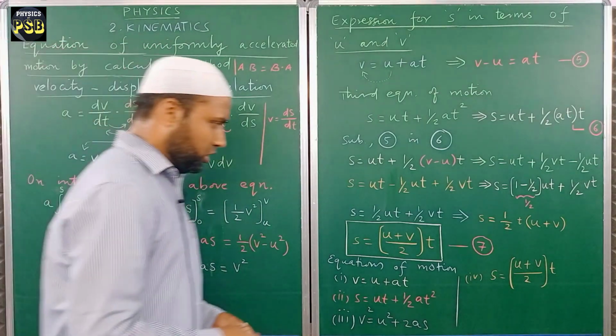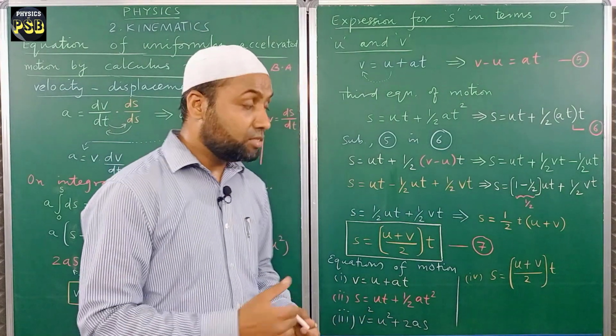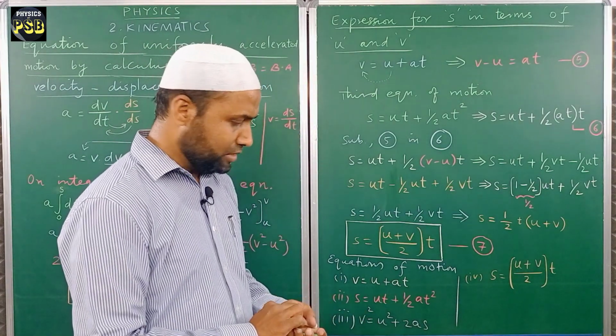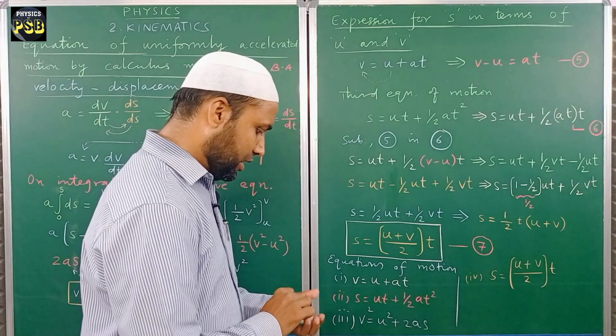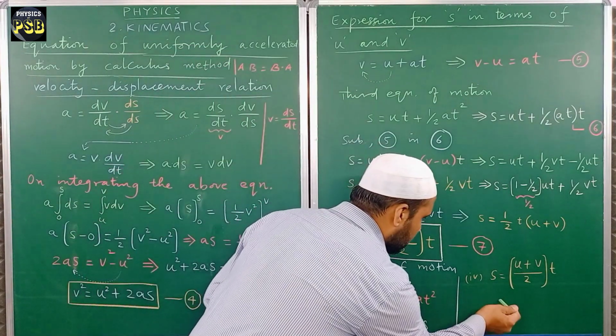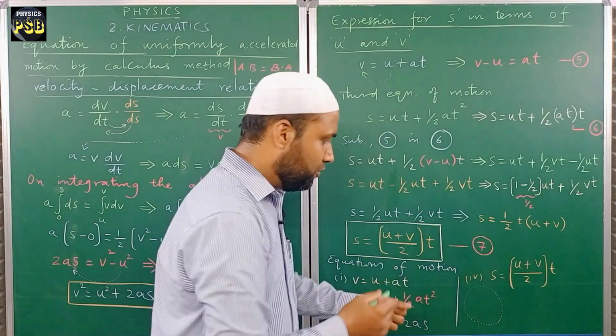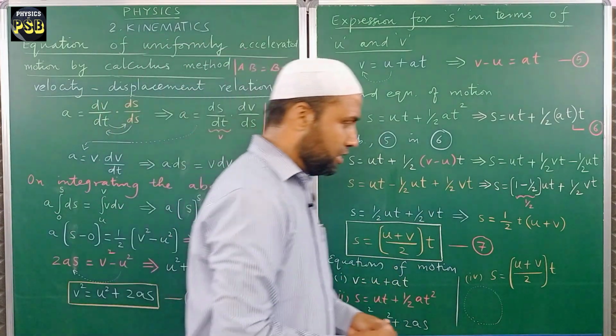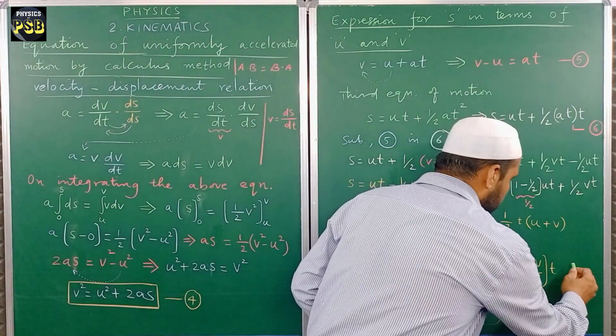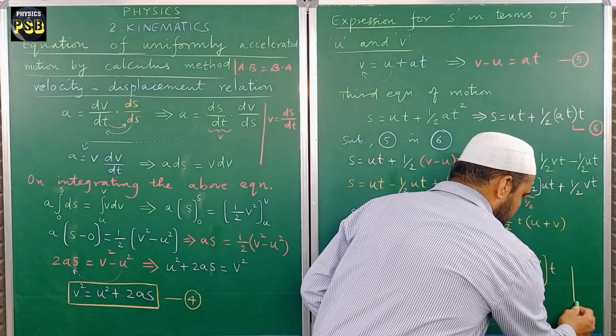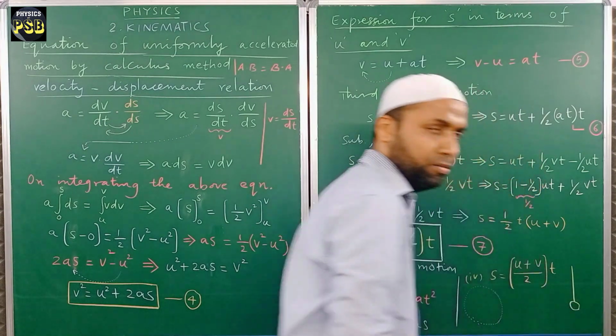Before conclusion, let me tell you what circular motion is. Already I have made a video on this. Suppose there is an object moving in a circular path, then we call it circular motion. Let's take the example of a simple pendulum.